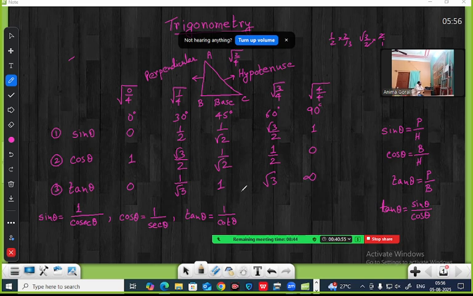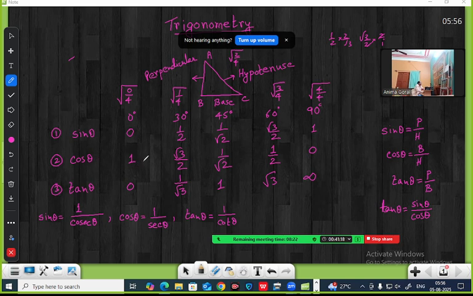Now, we want to find the various values of sin theta, cos theta, and tan theta. For that, we will remember these values. That is sin 0 is 0, sin 30 half, sin 45 1 by root 2, sin 60 root 3 by 2, sin 90 is 1.